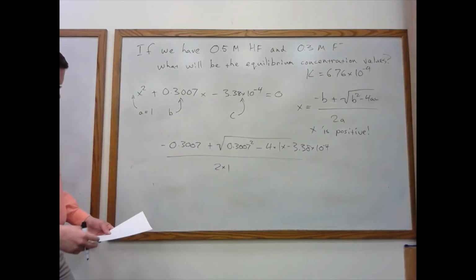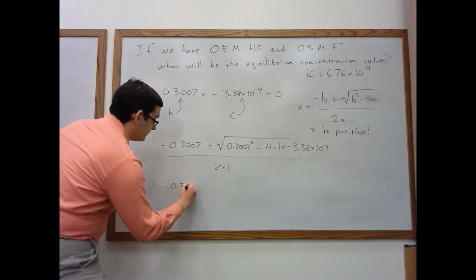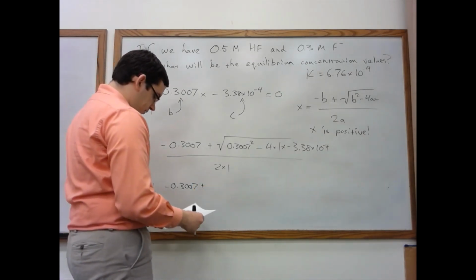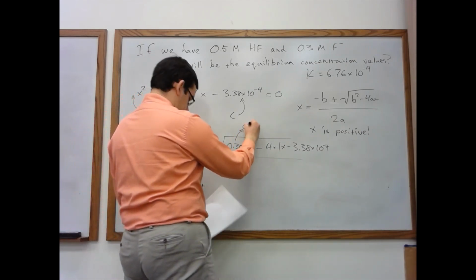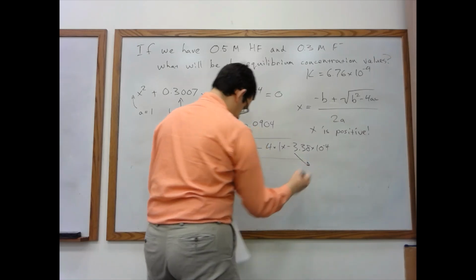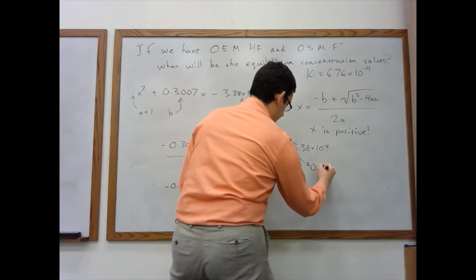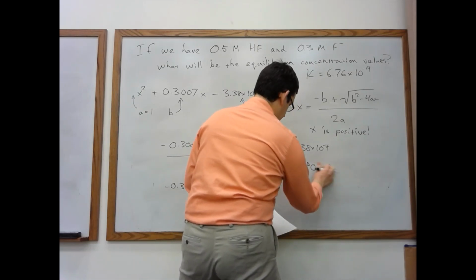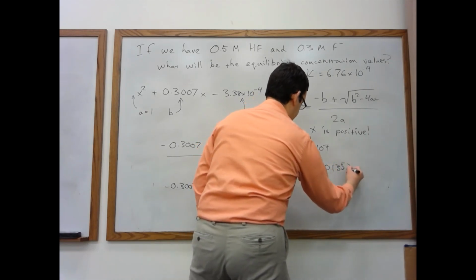This would simplify to negative 0.3007 plus, this comes out to 0.0904, plus 0.001352.